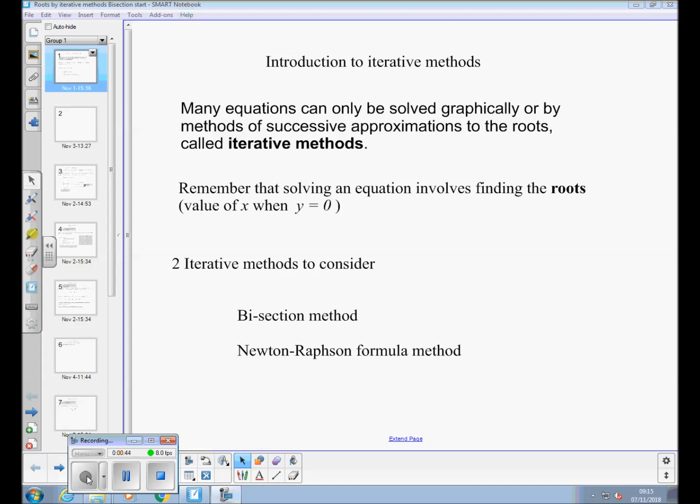Okay? But ultimately, if it's filled the calculator screen up with its 10, 12 digits accuracy, then it can stop iterations after that because it's not going to get any more accurate. Okay? So we're going to look at one method today and another one next week.